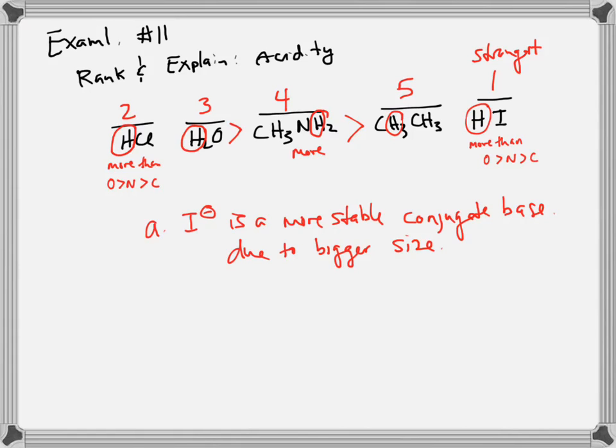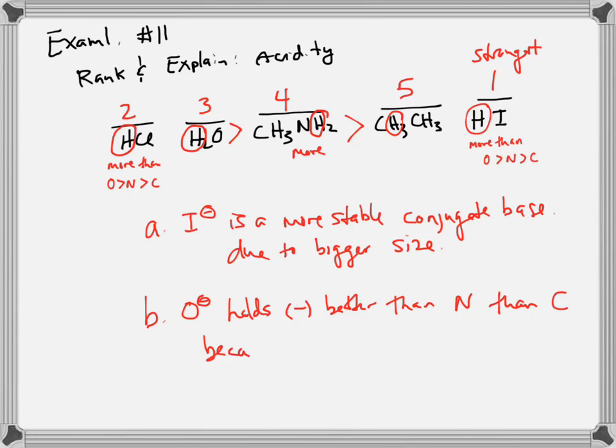Part B said why were the last three ranked the way they were. Okay, well, what was the difference between those? Oxygen, or O negative, holds a negative charge better than nitrogen, better than carbon, because... why?